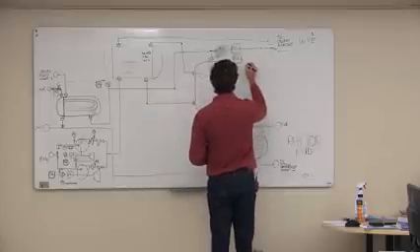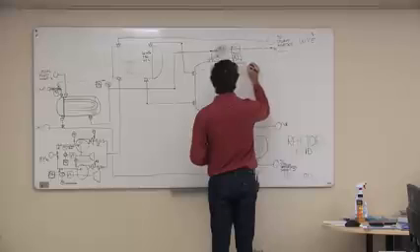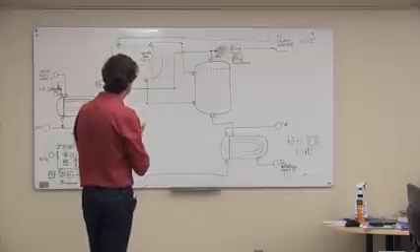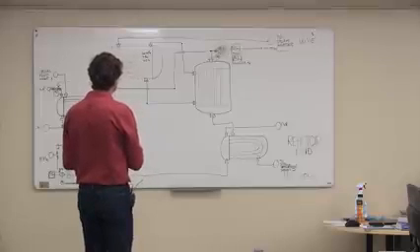And if you want to indicate what we're actually going to be measuring, then you just put that beside it. So we might be measuring the CO and the H2 or whatever else we want to measure there. So an analyzer is probably not a bad idea in this particular process. Onwards and upwards.